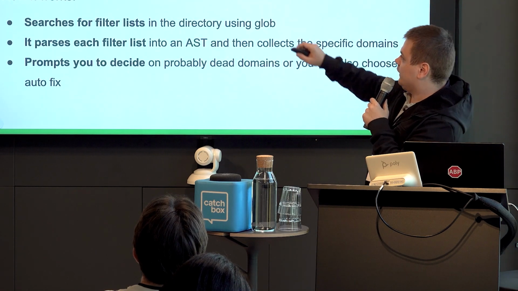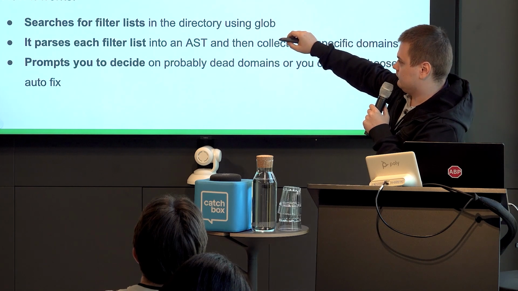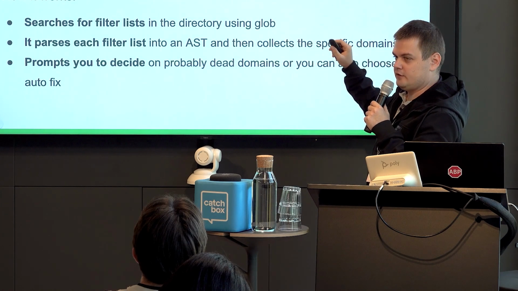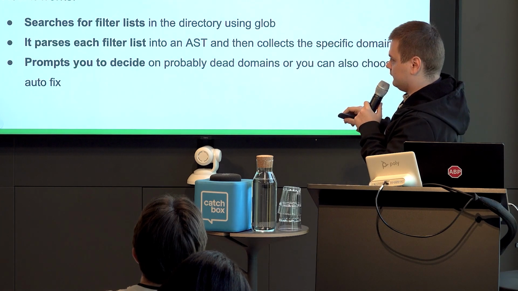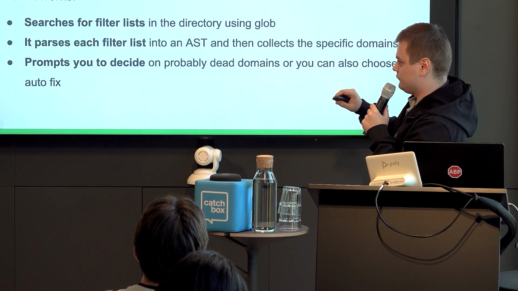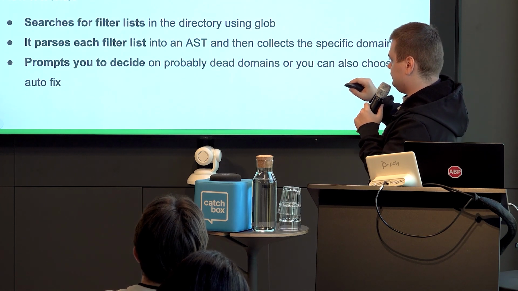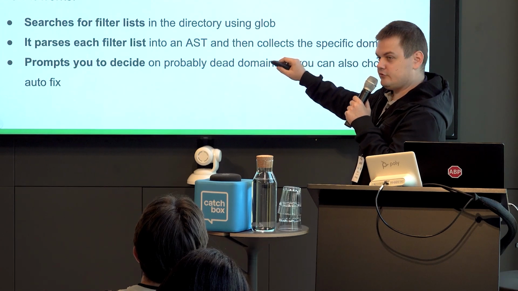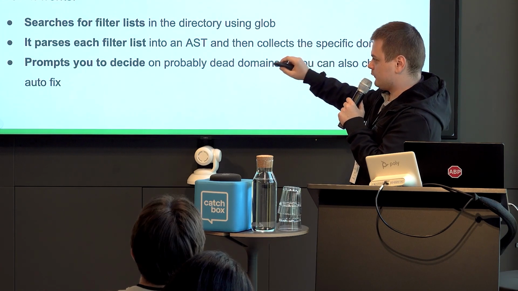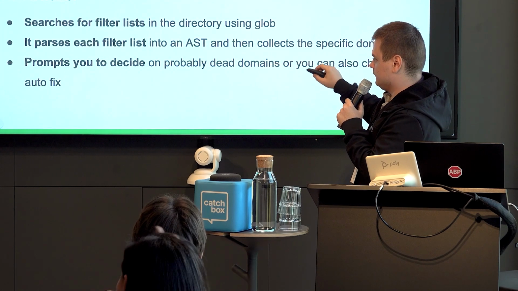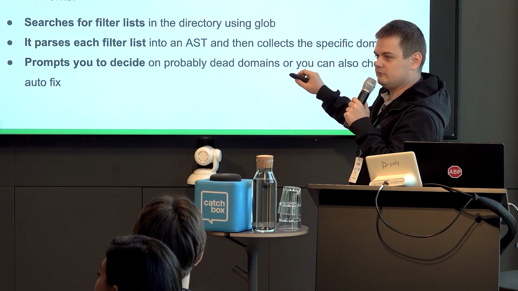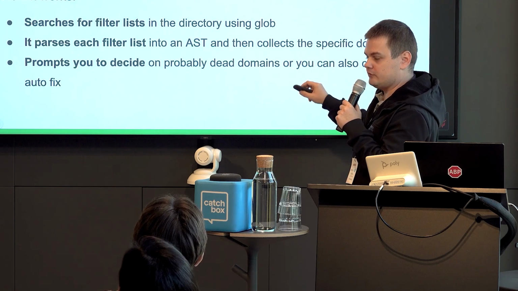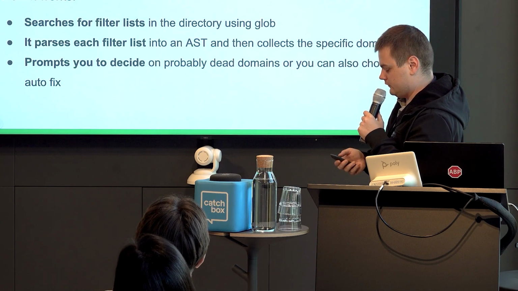So how does it work? You can specify a glob pattern, it scans your lists, extracts domains, checks them with AdGuard DNS, and prompts you to decide on the dead domains, because there are some false positives here. So this is why we use a prompt.